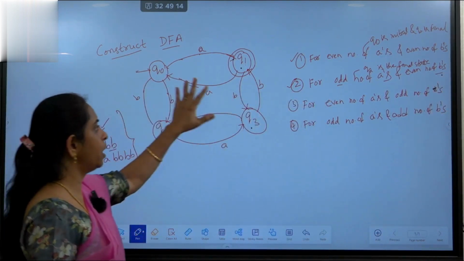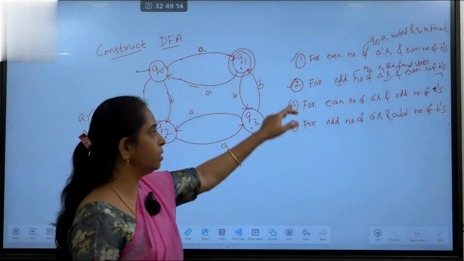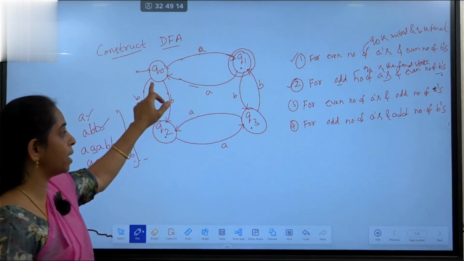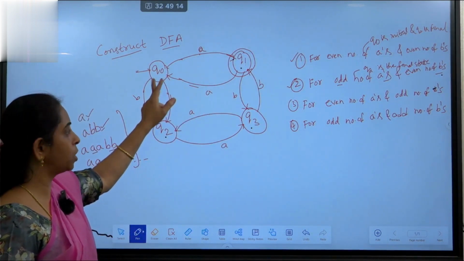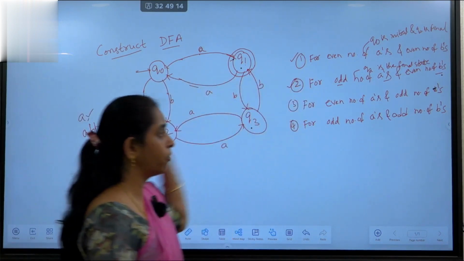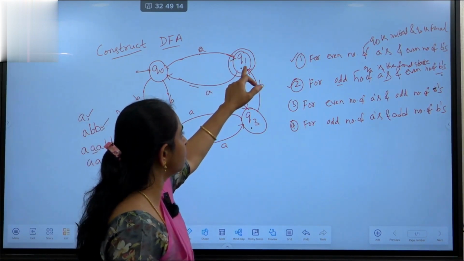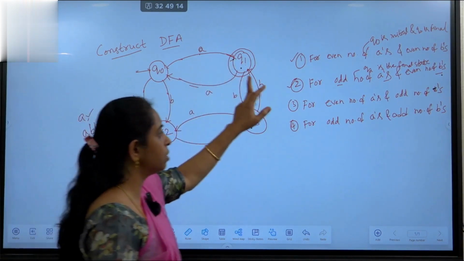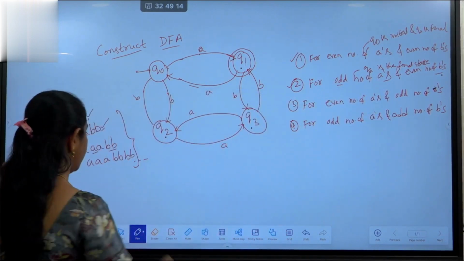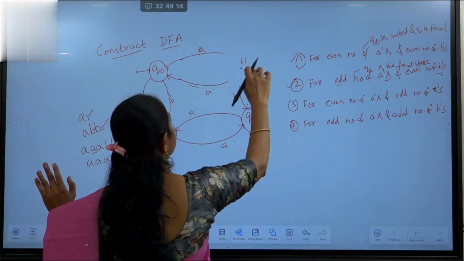The transition diagram and the whole DFA diagram is the same for all these, but the final state is different. Whenever we make Q naught the final state, the initial state and the final state are the same, so that is for even number of A's and even number of B's. Whenever we make Q1 the final state, it satisfies all the odd number of A's and even number of B's. Next, let me check whenever Q3 is the final, Q2 is the final state.